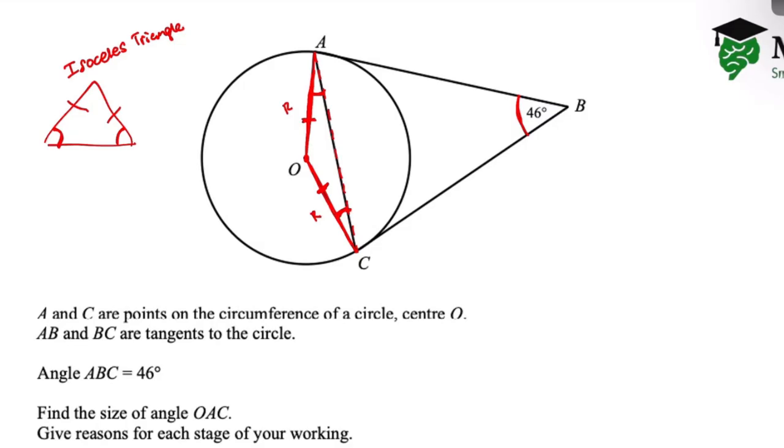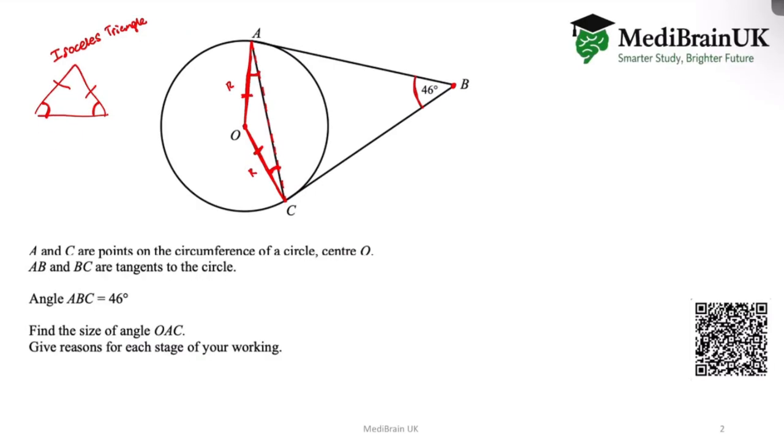Next, we can see that we've got point B over here, and there's a line extending from B. We can see that a line is coming in and meeting the circle. I'm going to draw it in a different color.